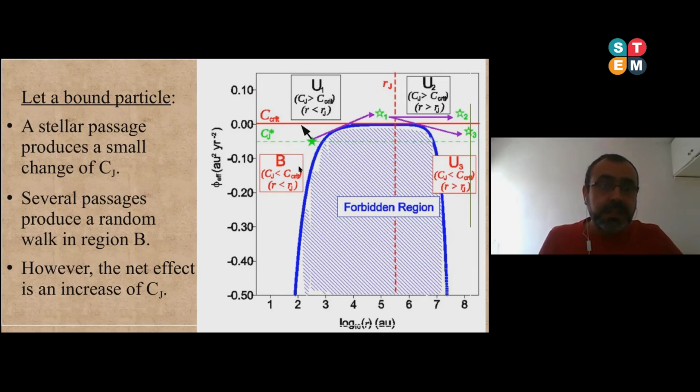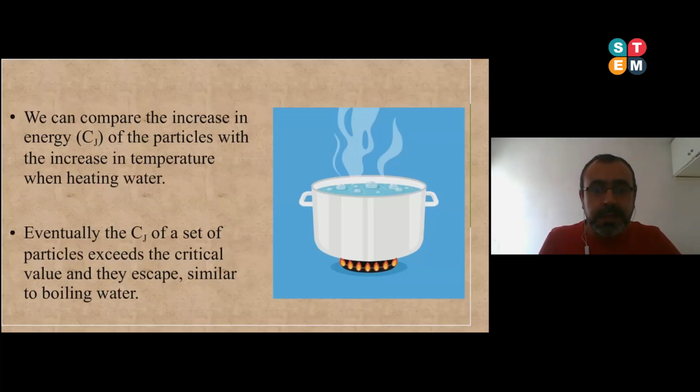Several passages will produce a random walk of this particle in the region B. But there is a net effect of increase of the Jacobi constant until the particle crosses the critical value and is now unbound from the Sun. We can compare this behavior, this increase of the energy, with the increase in temperature of heating water.